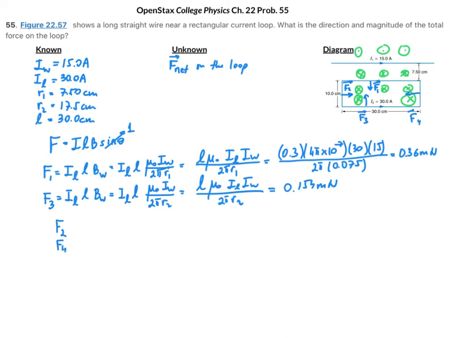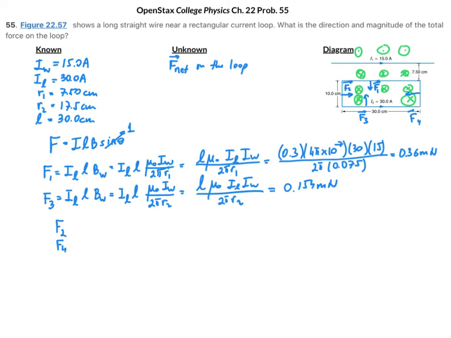Now for forces 2 and 4, we notice that each part of this wire is a different distance away. But at every single location, this force points to the right and there is a matching force pointing to the left. So if I added up all of these forces over all of these distances, the two forces will cancel out.